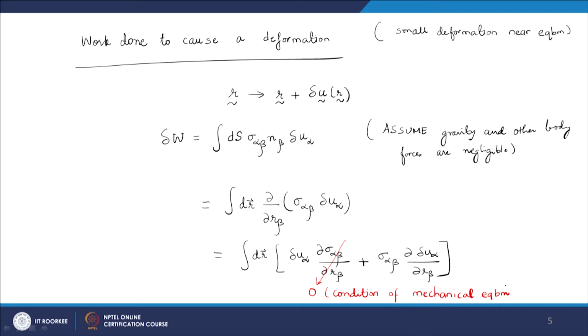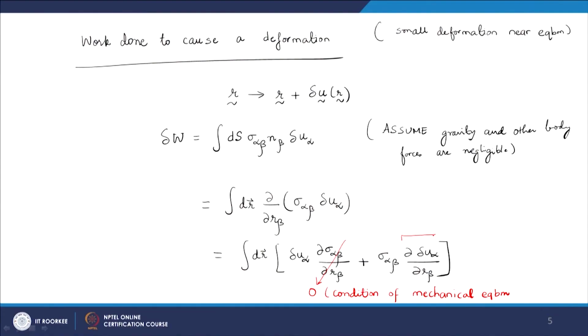So, it is the derivative of the small deformation that is being applied with respect to the previous position. So, this guy is my strain tensor, and again let us put a delta there just to emphasize that it is a small deformation.